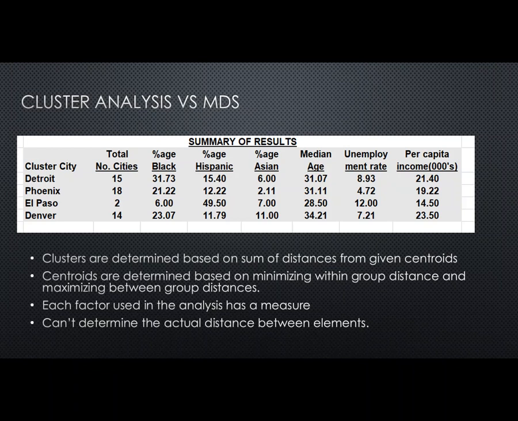If you look at, for instance, El Paso, it has a higher percentage of Hispanics compared to blacks and Asians. And so this gives us a really decent way to compare across the centroids or across the clusters and know basically what's making up the cluster. You won't be able to do that necessarily with the MDS. And again, we are using centroids when we do this, so we have an understanding of where the center of the cluster is.